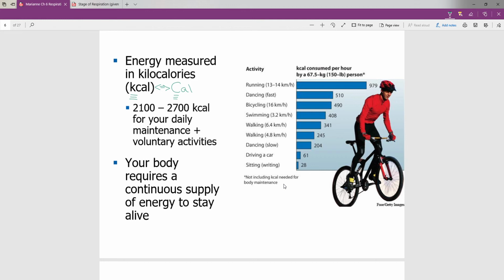And it takes around 2,000 to 2,500 kilocalories or big C calories for you to keep your body alive and do what you want to do. You always are requiring energy even when you're sleeping. And the more you do, the more energy you burn. I don't think that that's a news flash to anyone.